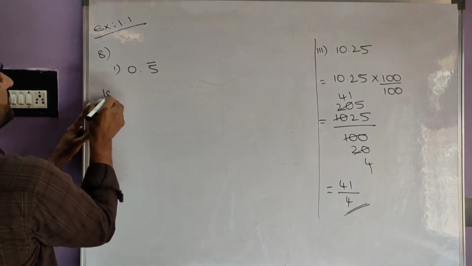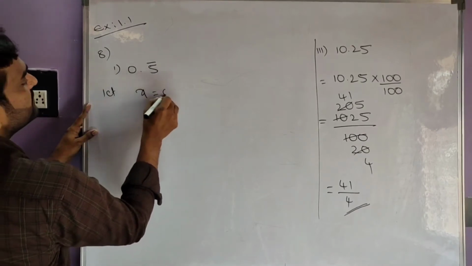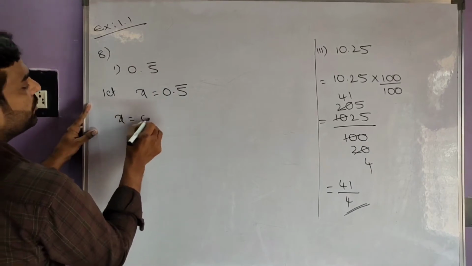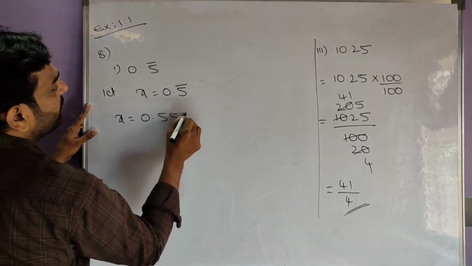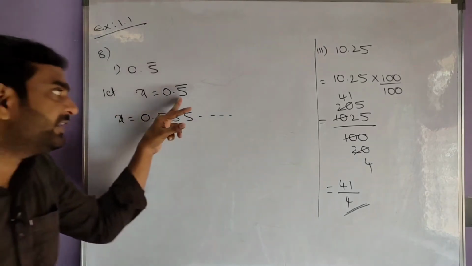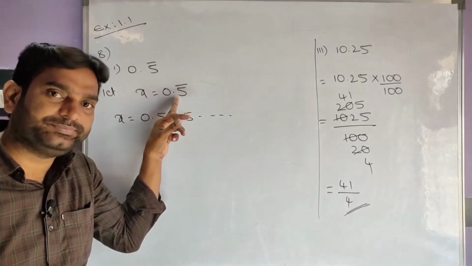Let x be 0.5 bar. Then it can be written as x is equal to 0.5 bar, which is nothing but 0.5555 and so on. Here bar for one digit, periodicity is 1.